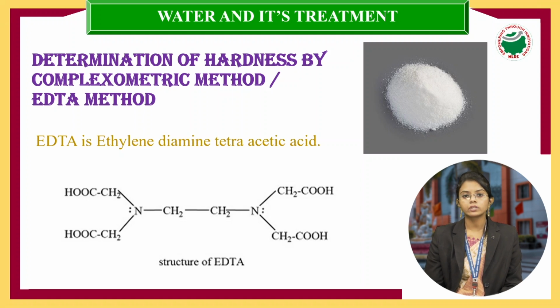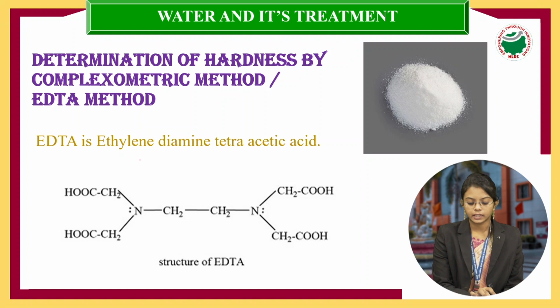It is one of the most important topics in our water and its treatment, and also in the experimental work in the chemistry lab, it is very important. So what do you mean by EDTA? EDTA is nothing but ethylene diamine tetraacetic acid. So we have two amines, ethylene, and tetraacetic acid, four acetic acid groups.